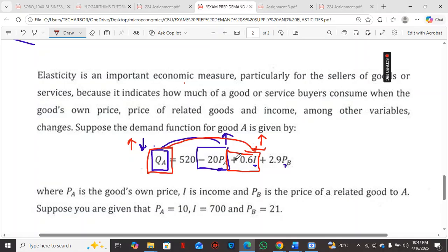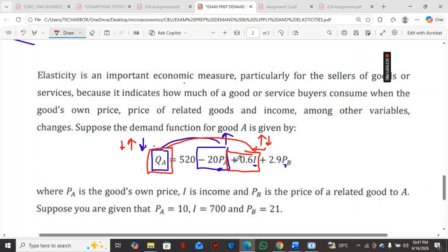We're able to tell if this is a normal good or an inferior good without even calculating the income elasticity of demand. This plus sign tells you this good is a normal good: if your income increases, you'll buy more of it; if your income drops, you'll buy less.